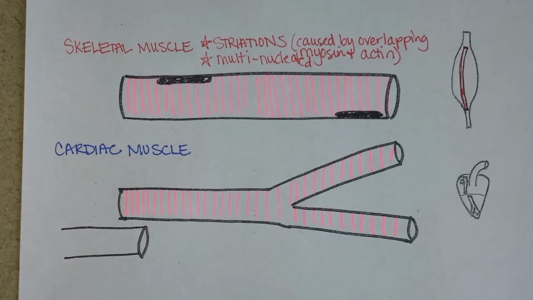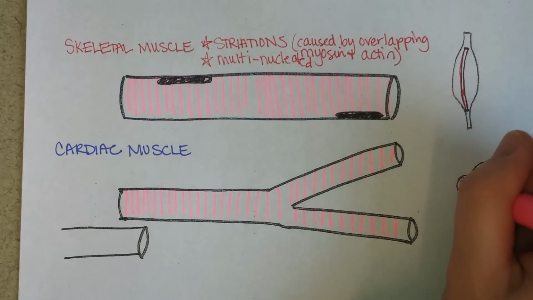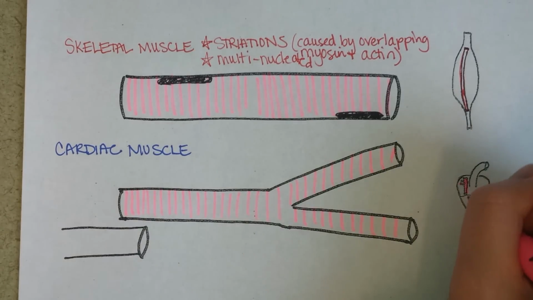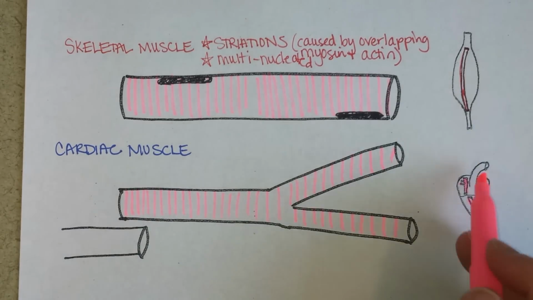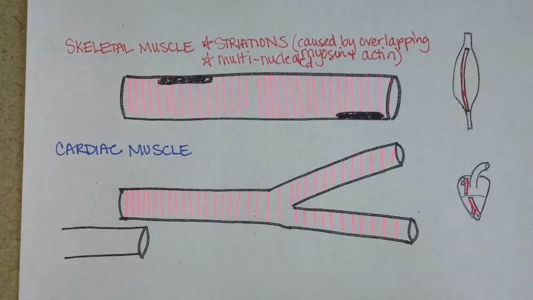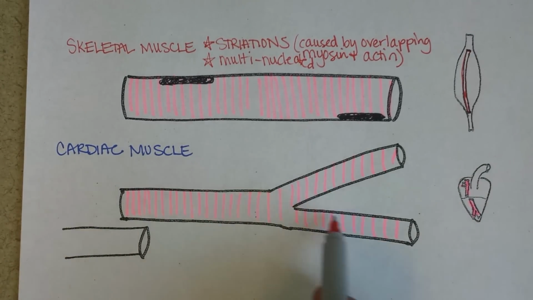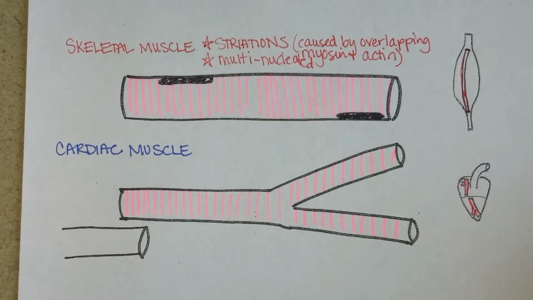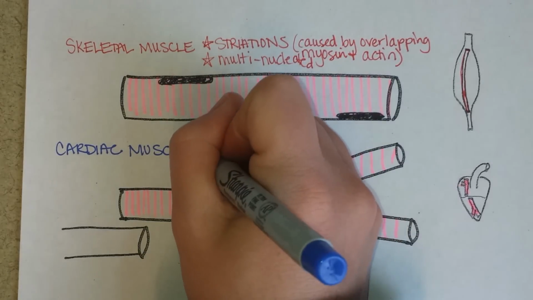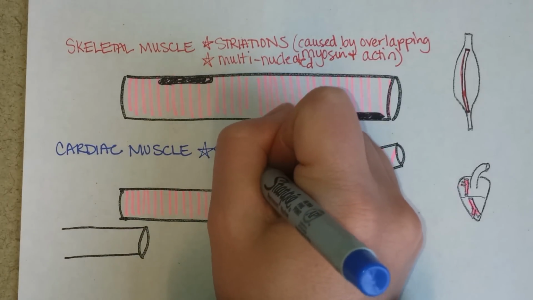They're not going to be as long because if you look here on the heart, you're going to have some that take up the length of the atrium and some that take up the length of the ventricle, but none of them would be anywhere near as long as, say, a muscle fiber on your quadriceps or on the front of your thigh. But hopefully you could see that we just made, what are these things called? Striations. Oh, sorry, blue pen. So it still has striations.